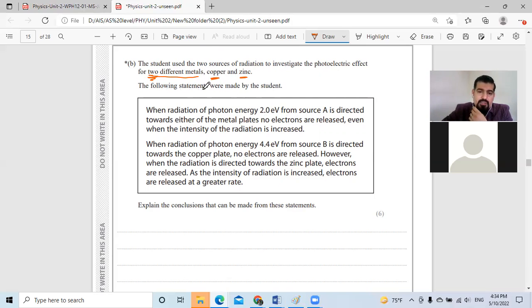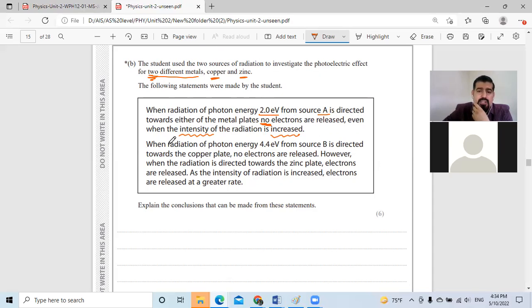The following statements were made by the student. When the radiation of photon energy of 2.0 electron volts from source A is directed towards either of the metals, no electrons are released, even if the light intensity is increased.